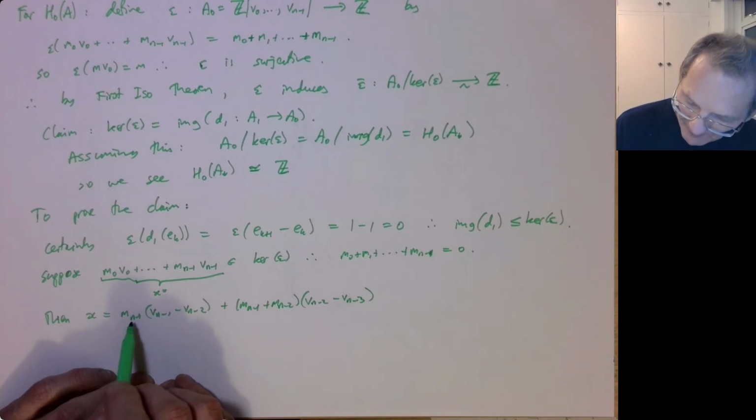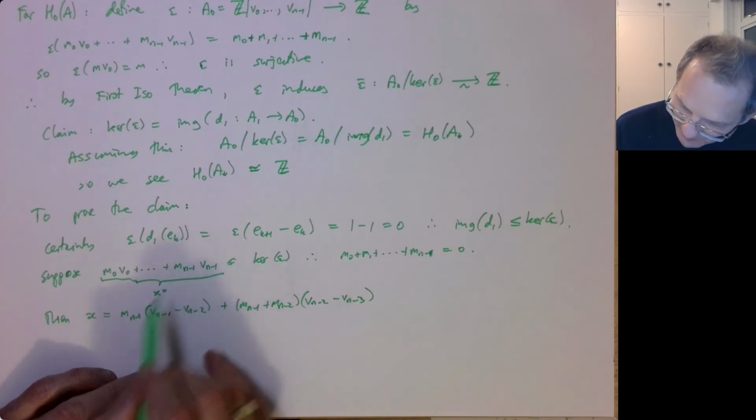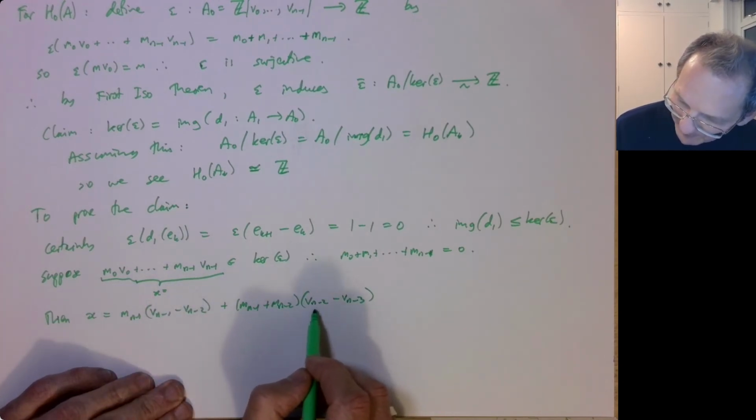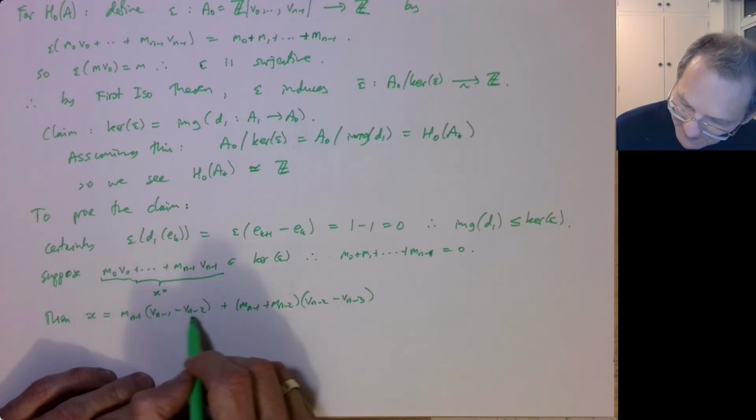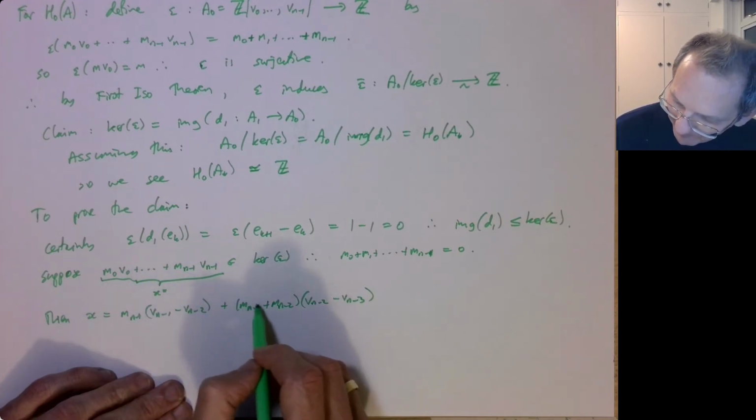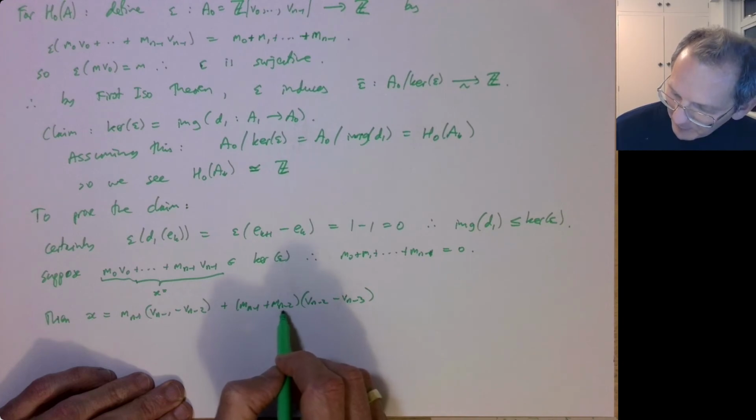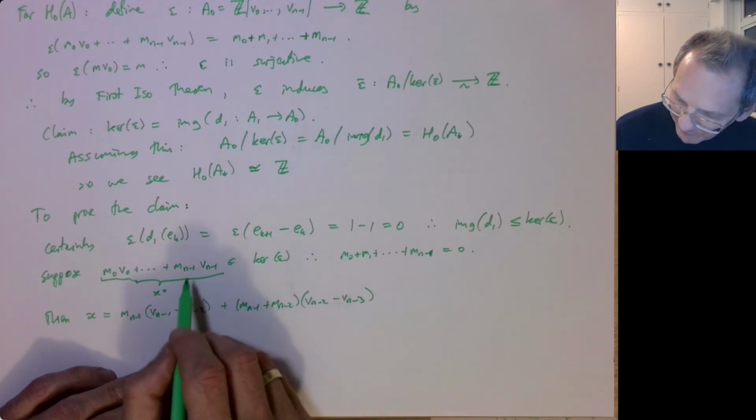Notice this is working out. Here I've got mn minus 1 vn minus 1 as I'm supposed to. Looking at the coefficient of vn minus 2, I've got a minus mn minus 1 here, and I put it back in, so I just end up with mn minus 2 times vn minus 2.